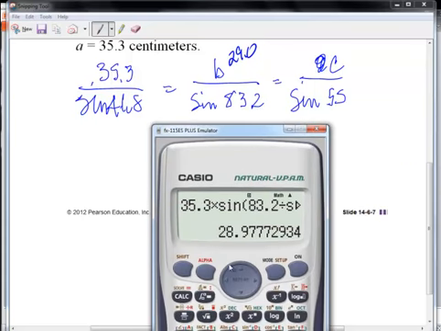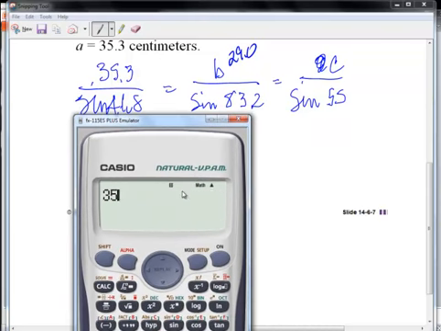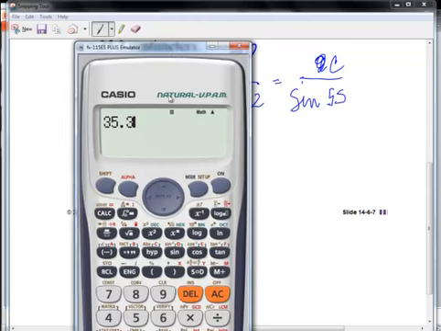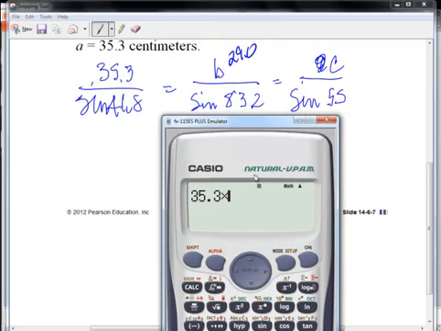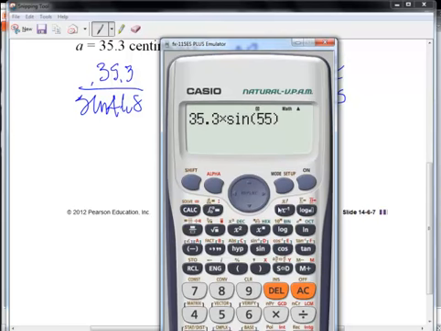So I'm going to take 35.3 times sine 55 divided by sine 41.8, and I get 43.38.